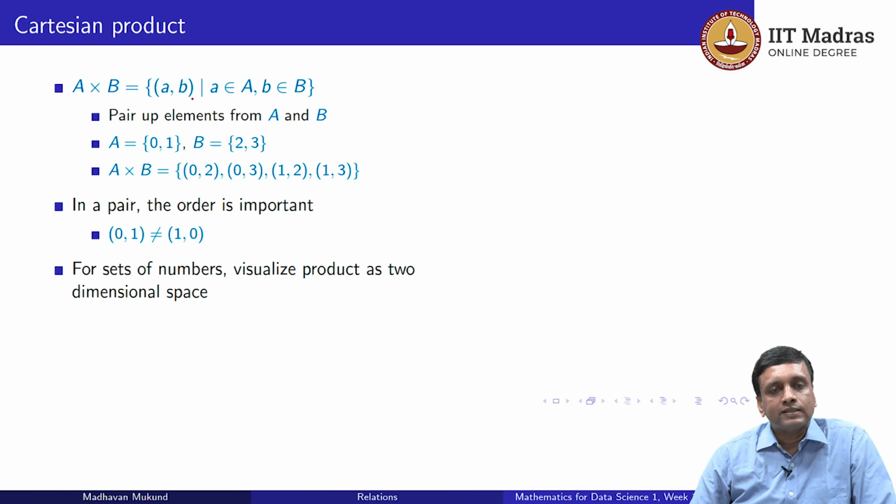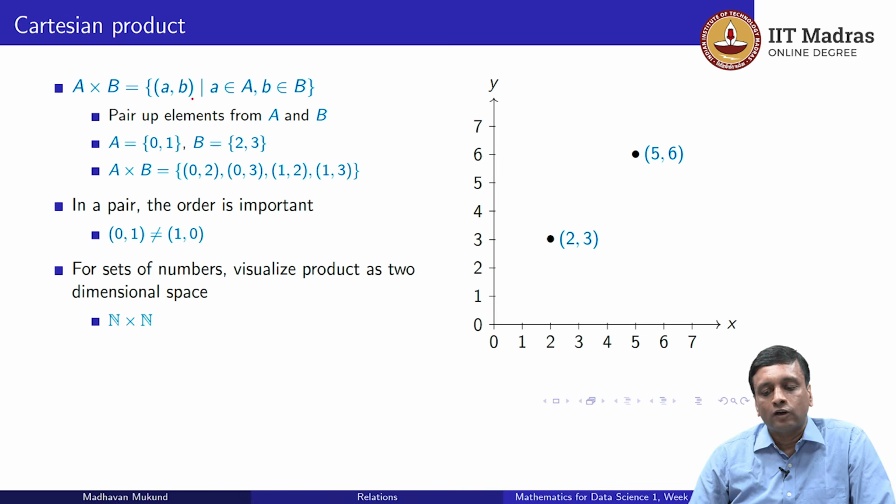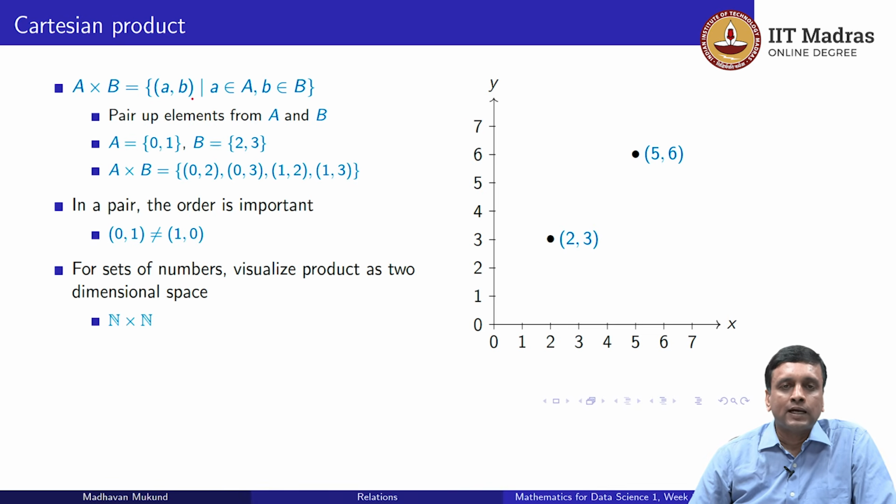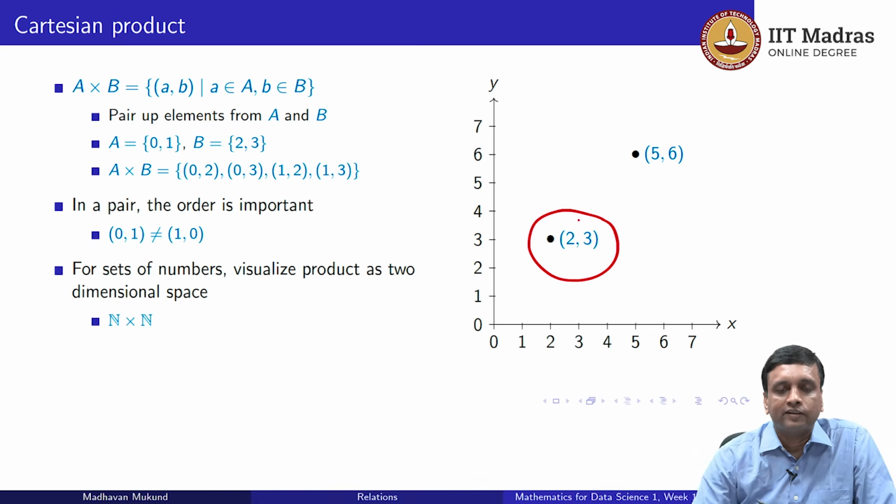Now if we have sets of numbers, then we normally visualize the product as a space which we draw familiarly as a graph. So for instance, if we take N cross N, then we draw N cross N as this grid where on the x-axis you have one copy of N, on the y-axis you have another copy of N. And for example, if you want to look at the pair (2, 3), then it says that the x-coordinate is 2 and the y-coordinate is 3 and you get this point.